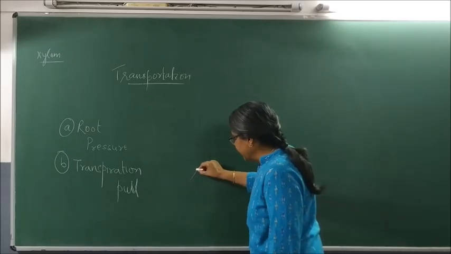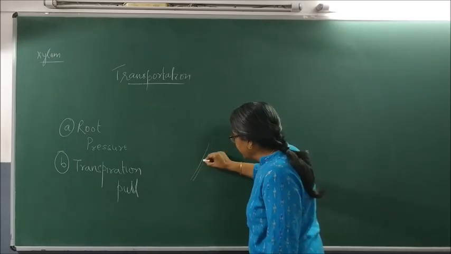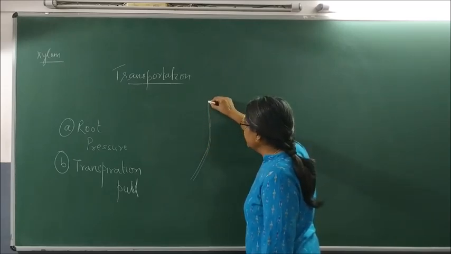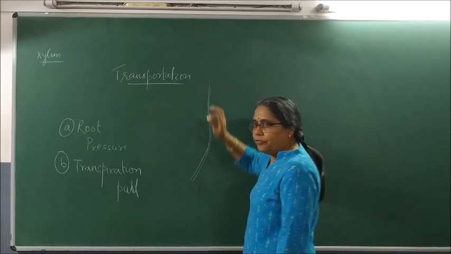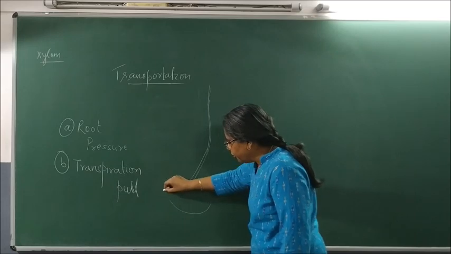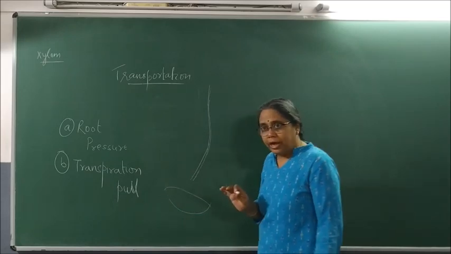So what is being told here is that the xylem of the root has tracheids. These tracheids form a continuous channel from the root to the stem and to the different parts of the plant. Here there is more concentration in the soil of ions.